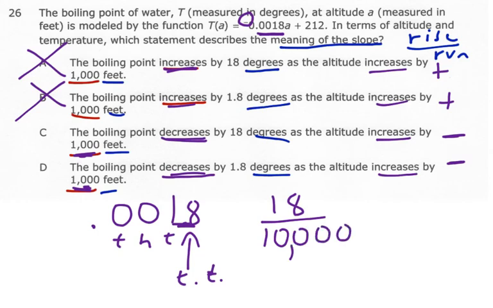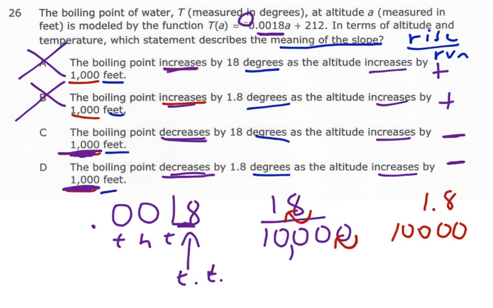Now look at it carefully. Both C and D are over 1,000. So just a quick little mathematical step. How can you make 10,000 equal to 1,000? Hopefully you said just divide it by 10. That's the neat thing about base 10. If you divide by 10, it's just moving one decimal to the left.